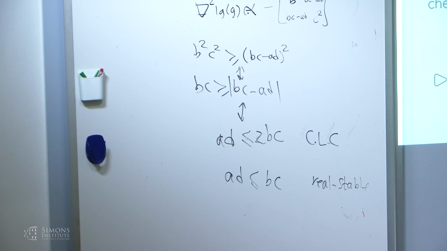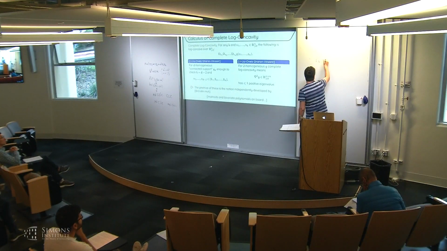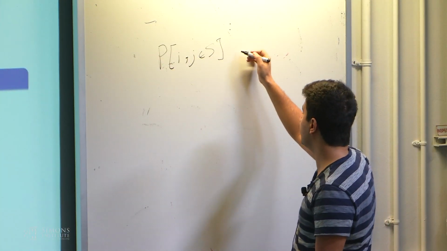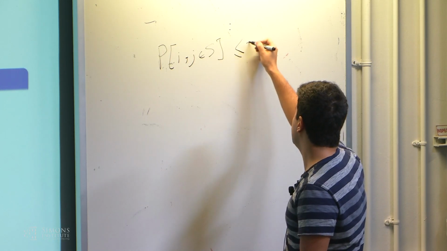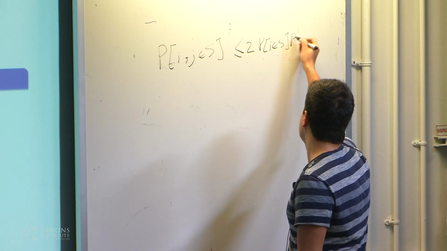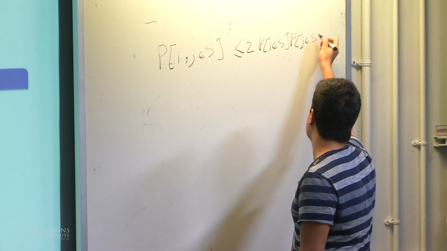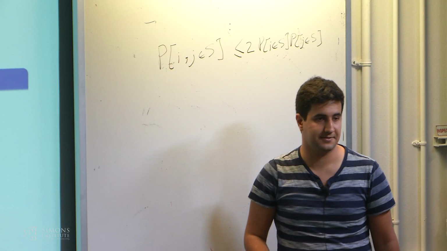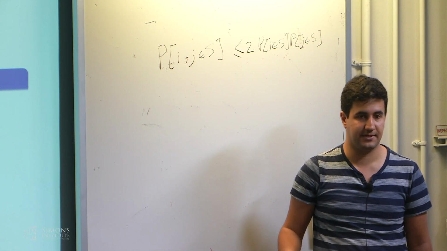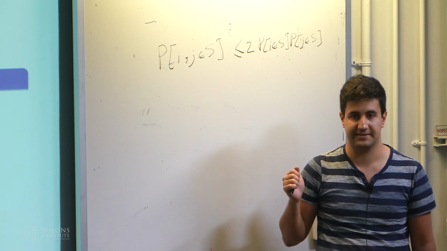So you want the probability of i and j being in a set S, when S is selected according to a completely log-concave polynomial, to be less than twice the probability that i is in S times the probability that j is in S. So any ideas on how we can prove this?